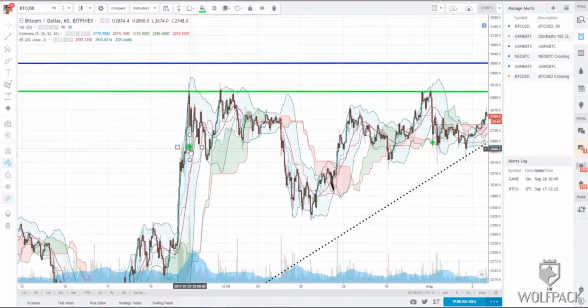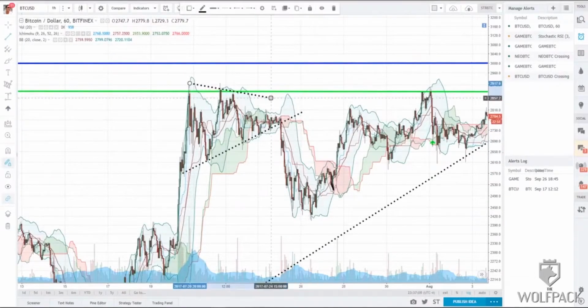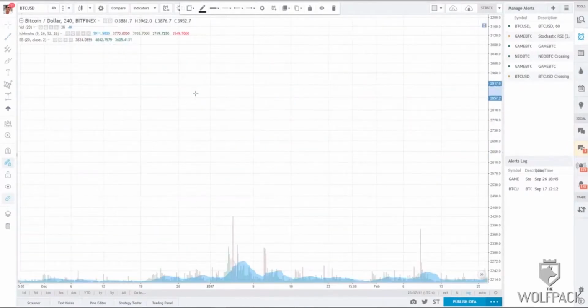I always find the symmetrical triangles to be, first off, the first indicator. This is a symmetrical triangle right here. I'm just going to draw out the supports for you. It starts right here, you can see where it respects all of those, and then right here. If I did the 4 hour, I think it'd look prettier.